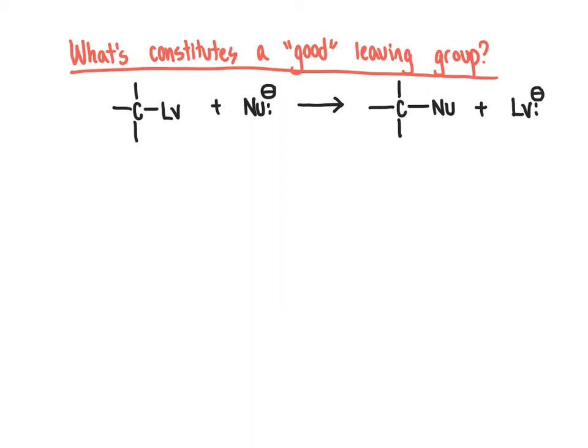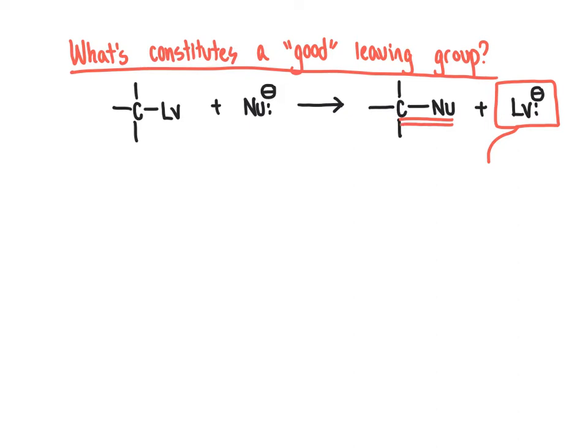All right, so in other words, to evaluate what constitutes a good leaving group, what we need to look at is what's going to stabilize the product side of the reaction. On the product side, the thing that we can vary to create a specific targeted product is this: we usually have a specific nucleophile in mind that we want to form a bond to that carbon atom.